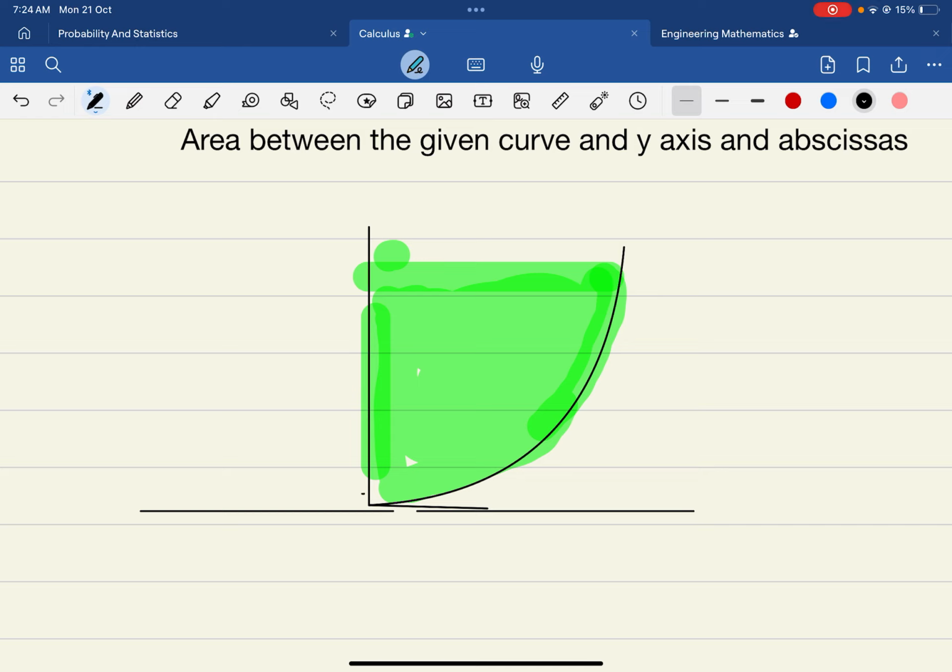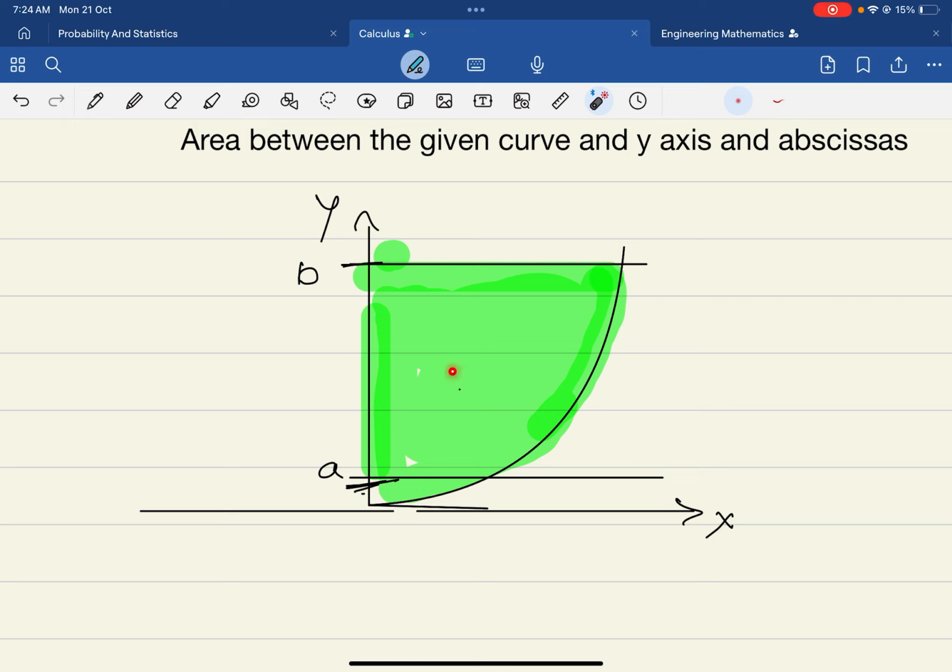Abscissa means what? The points here, let us say y is equal to a, and this is the y-axis, this is the x-axis, and in between y is equal to a to b. So the straight line y is equal to b is this line, y is equal to a is this line. Now I wanted the region which is bounded by this particular area. Clear?